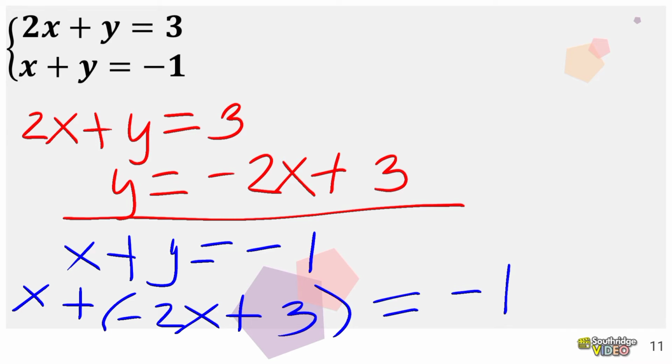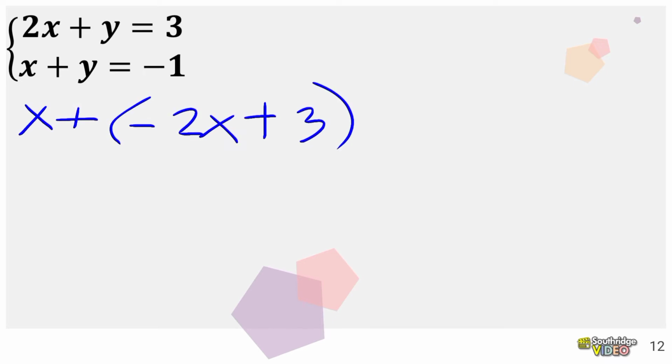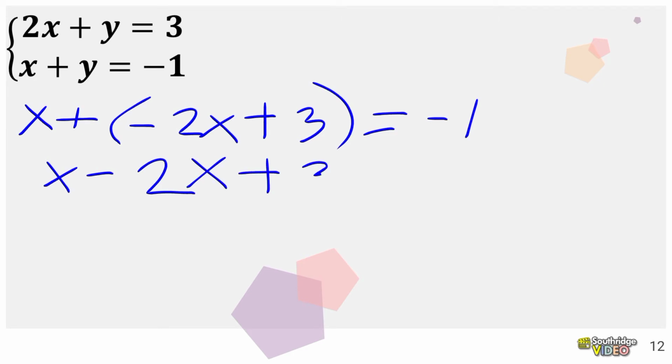Simplifying, I'll need to rewrite it here. x plus negative 2x plus 3 must be equal to negative 1. So we have x minus 2x plus 3 equals negative 1. x minus 2x is actually negative x plus 3 equals negative 1.